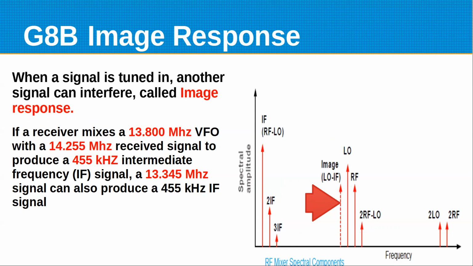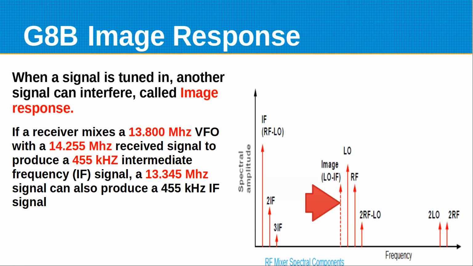Now, it turns out you could have a signal coming in at 13.345 megahertz, which is 455 kilohertz the other direction. So the mixer is going to put both of those signals at the same point. So I'm going to receive both of those. And that's called an image response.